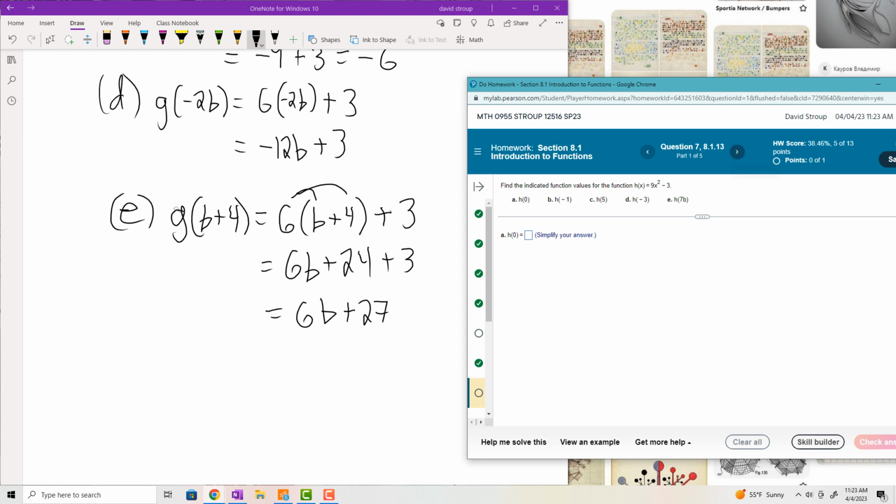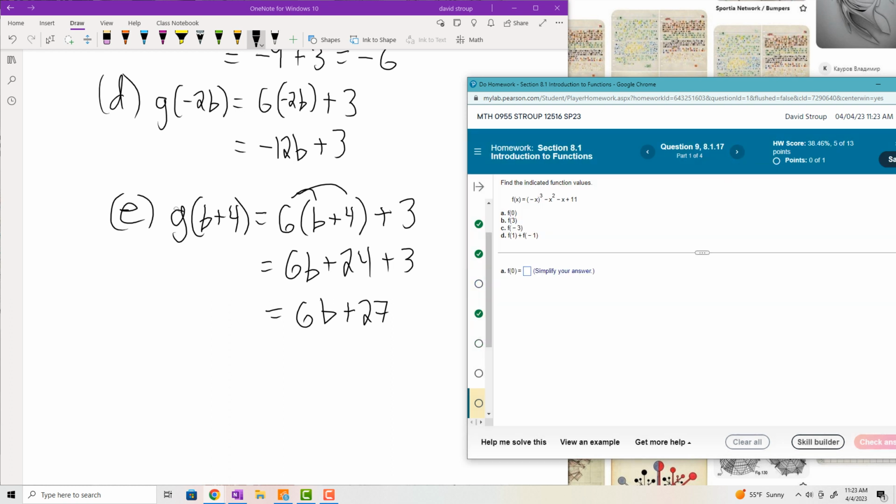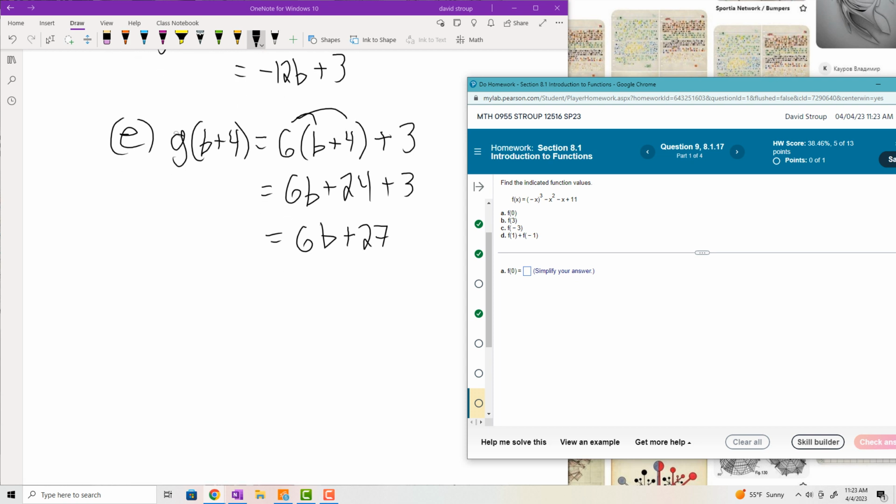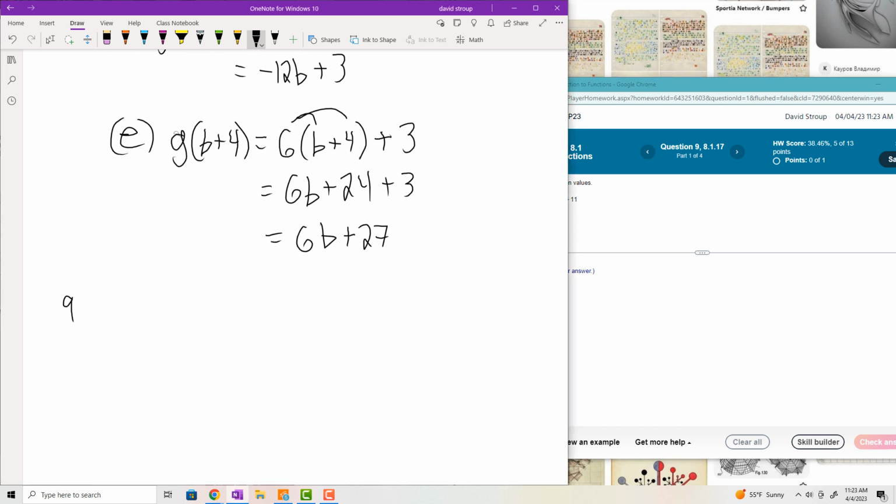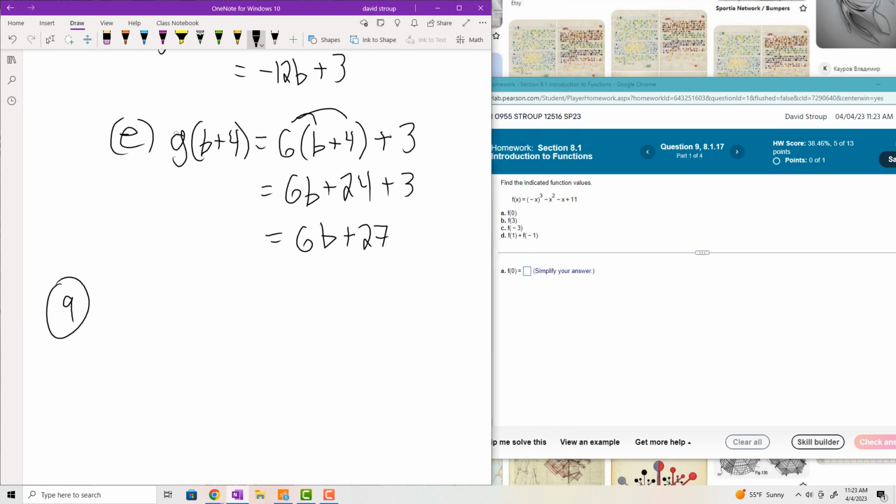Okay, and then we have more of the same. Let's do one that's a little more complicated if we can find one. All right, so this guy's always kind of a nightmare type problem. Let's try it. This is number 9. So f of x is equal to negative x cubed minus x squared minus x plus 11.